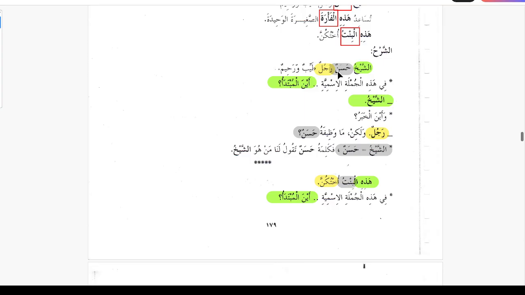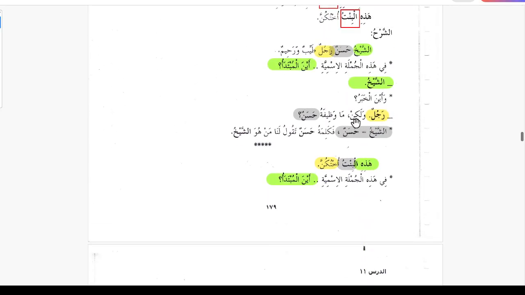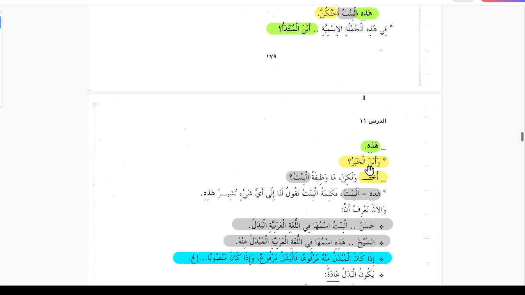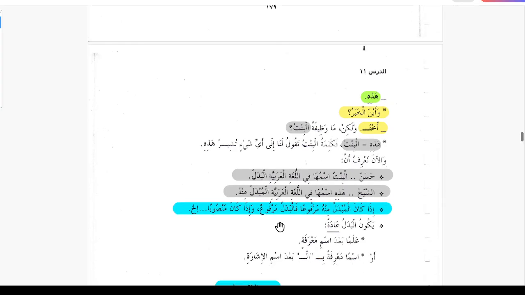Hasan is the substitute of ash-shaykh and bintu is the substitute for hazihi, and these are called al-badal. And what are ash-shaykh and hazihi called? They are called al-mubdal minhu.